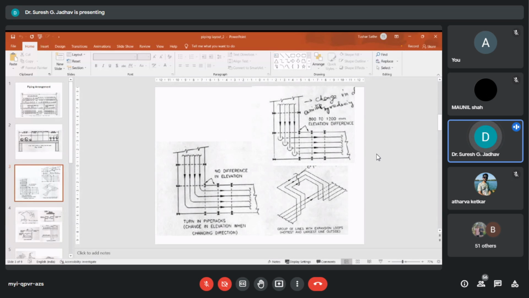In that direction we have to consider the stress analysis, and the flexibility temperature can be obtained from the line list. The lines requiring expansion loops are placed on the top level of the pipe rack. The line that requires the largest expansion loop may be located on the outside.